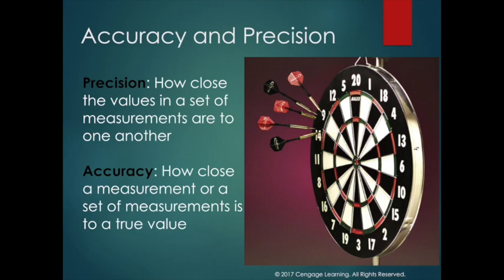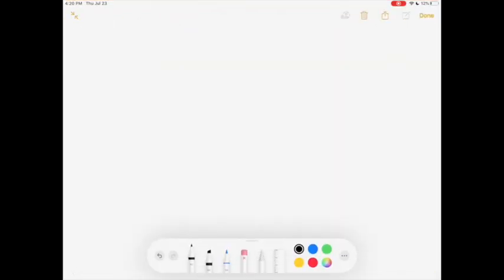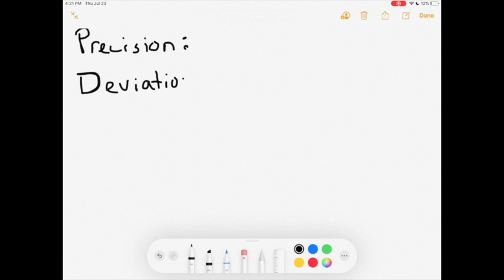So I'm going to give you a couple of equations here to go along with this. Okay, so for precision, a couple of ways to measure precision is using deviation. Deviation is when you take the average of your measurements and you subtract each value.